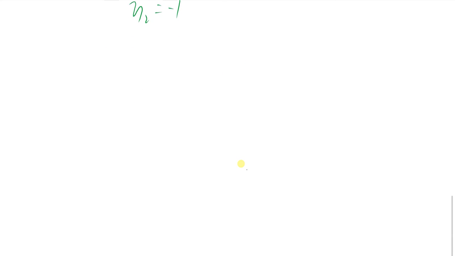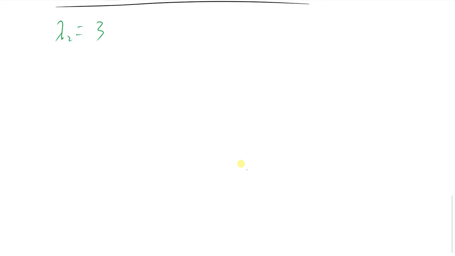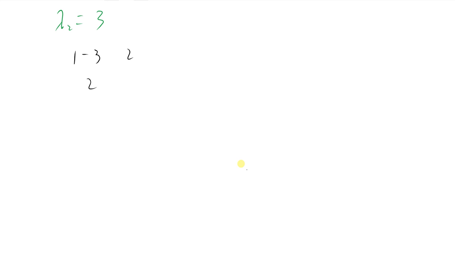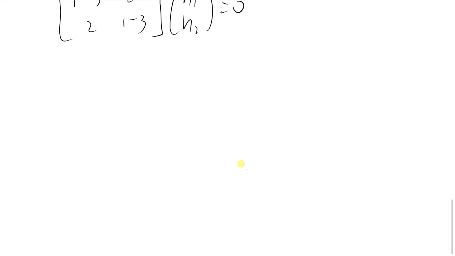So that's that. Now we'll have to plug in for lambda 2 equals 3. So we have this matrix: 1 minus 3, 2, 2, 1 minus 3, times nu1, nu2 equals the 0 vector. I'm just going to solve that.